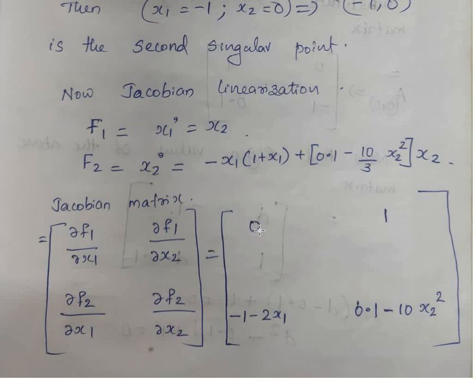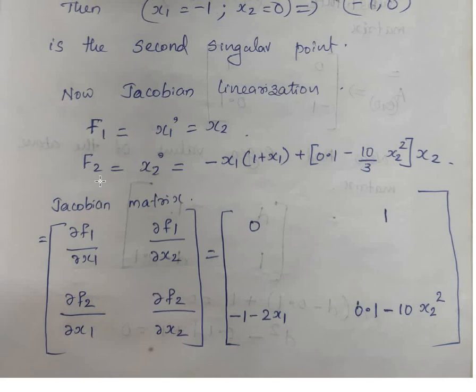Now, take the first function itself, that is x2 itself, and find the derivative of it with respect to x2, that is your next element, dou f1 by dou x2. When you find the derivative of x2 with respect to x2, it will become 1. So, here in this element it will be 1.